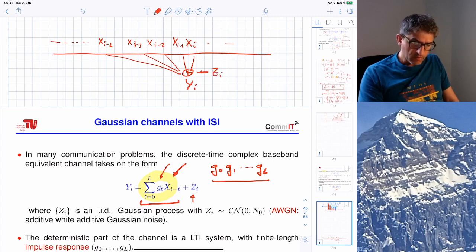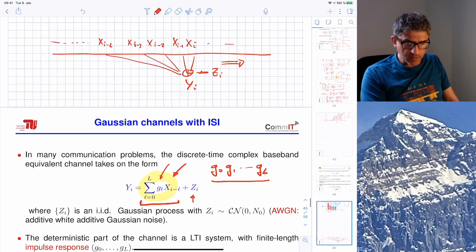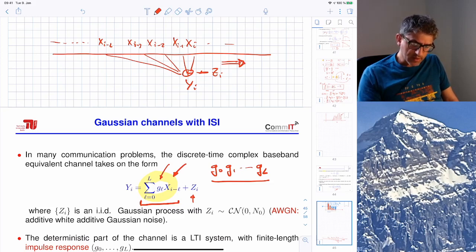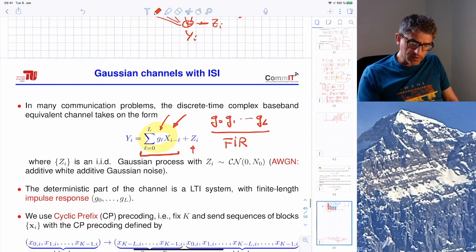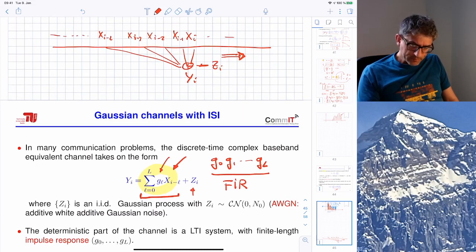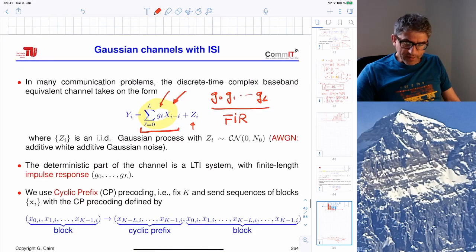And then everything moves one step forward, and we keep doing this sort of sliding window filtration. You may recognize this as what is called an FIR filter, a finite impulse response discrete time filter, applied to the sequence x, and this models exactly a linear time invariant system with a finite length impulse response. Why finite length?